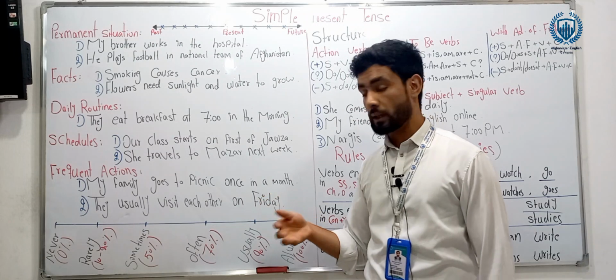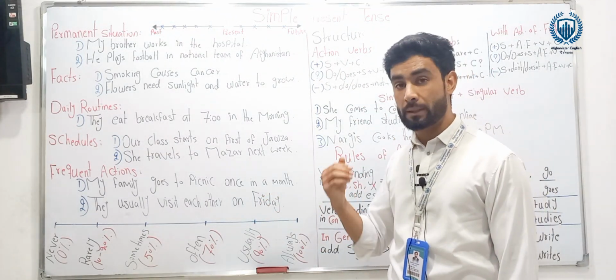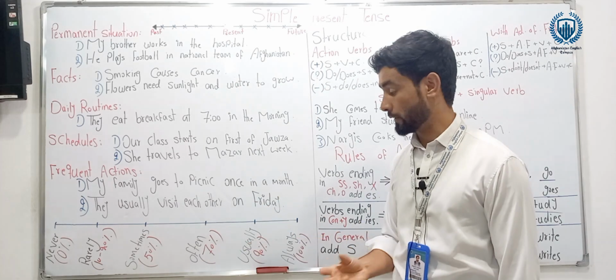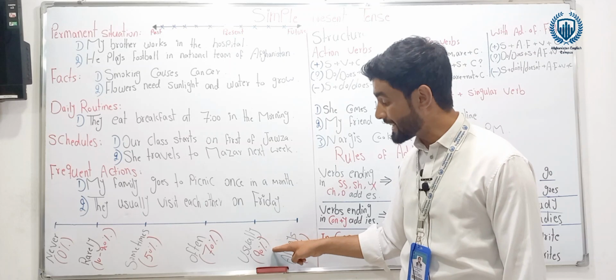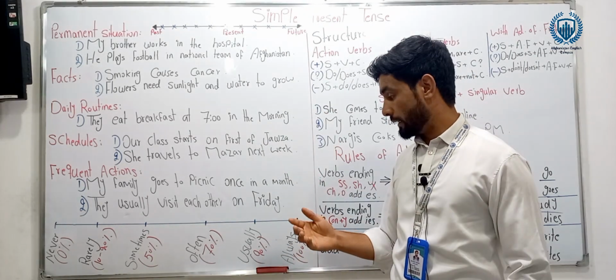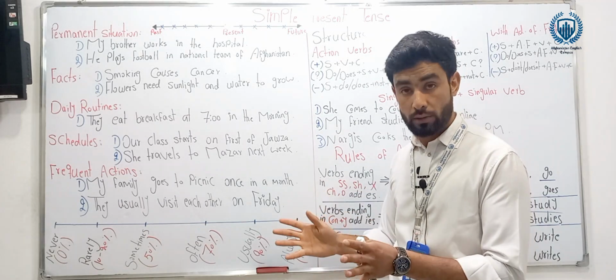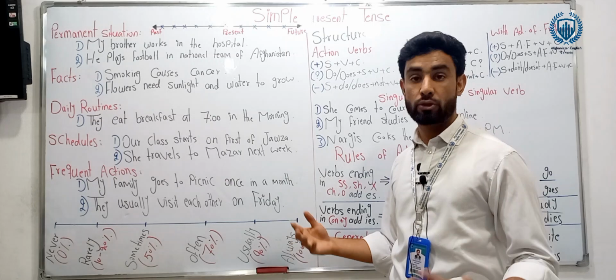Often shows 70%. If something happens more than 50%, you can use often. And usually is close to 100%. It shows 90%. If something happens not always but almost always, you can use usually. And always, of course, shows 100%.